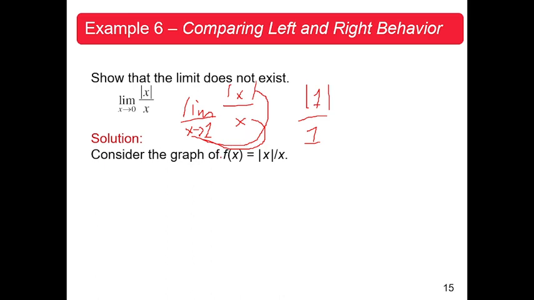So let's try with the limitation from the negative values. What if your limitation is x approaches 1 from the negative side? It will become the absolute value of negative 1 over negative 1. And we know that the absolute value of negative 1 is simply 1 over negative 1, or it has the equivalence of negative 1.